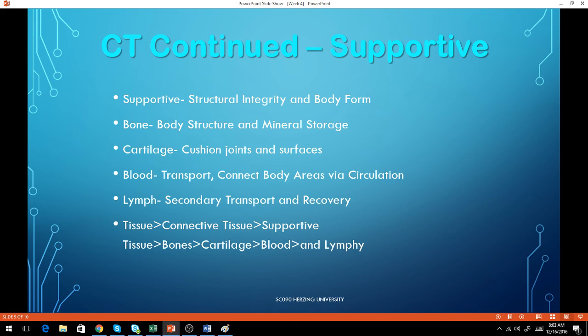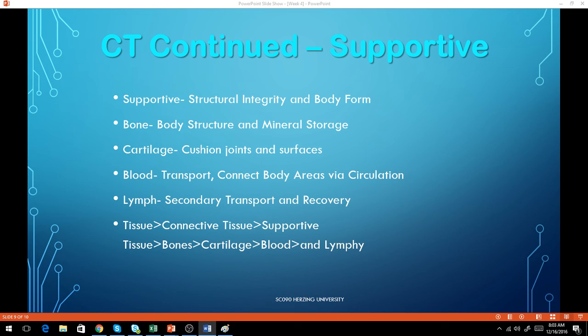While it is a collection of fluid and cells, the blood actually connects, and I want you to remember that, connects different body areas and ensures the transport and circulation of body chemicals, chemical agents, nutrients, cells, oxygen, all sorts of important stuff is transported, connected to the blood.